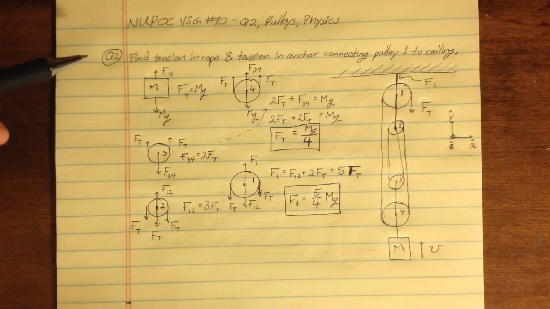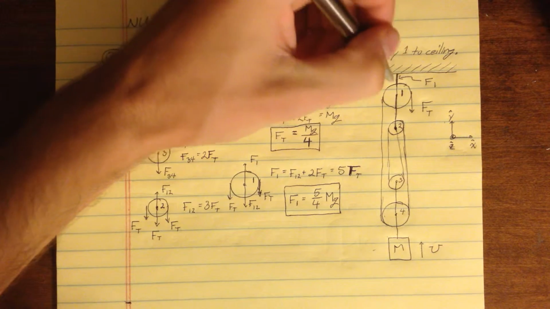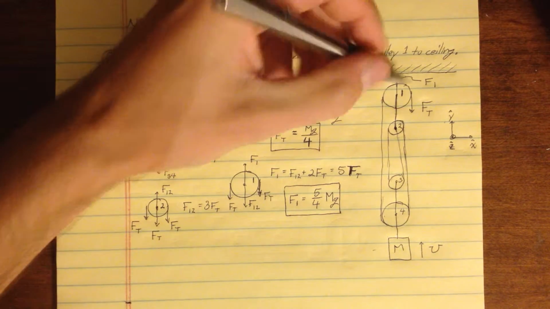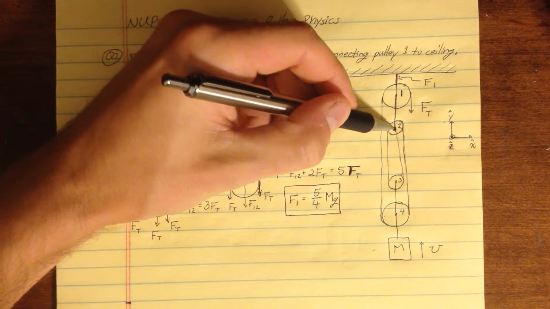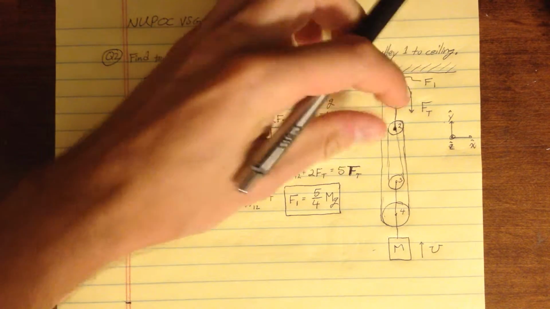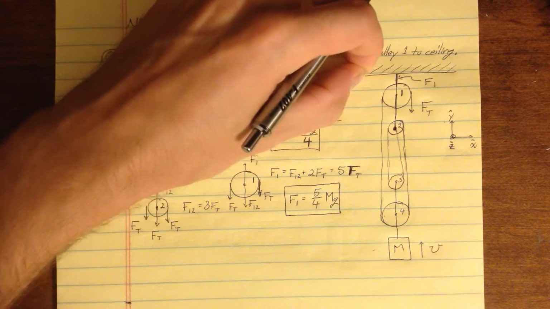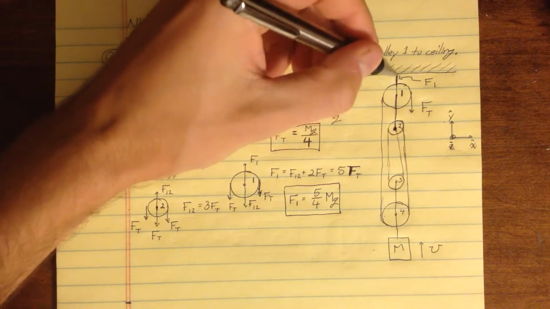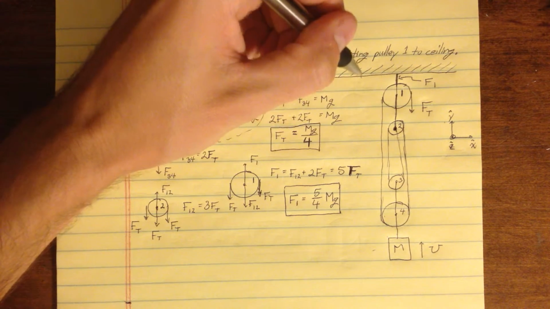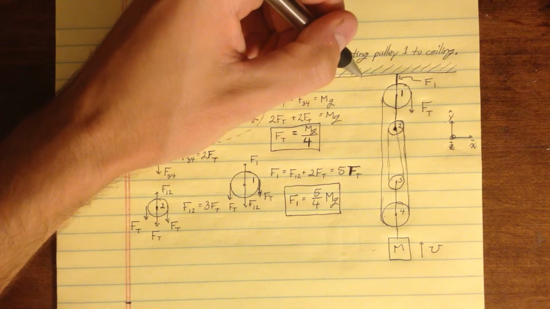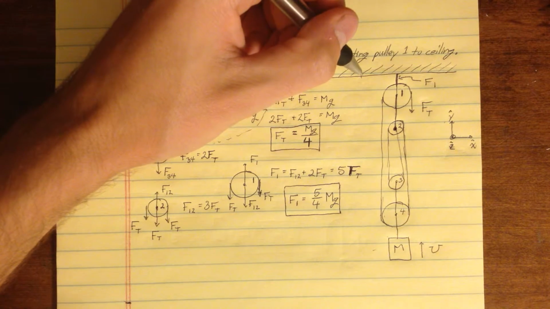If we wanted to decrease the load slightly in this connection, we could take the place where the rope is anchored to pulley 2, disconnect it, and maybe anchor it up here to the ceiling. Then this would only take mg, and the load over here on the ceiling would be 1/4 mg, mg over 4.